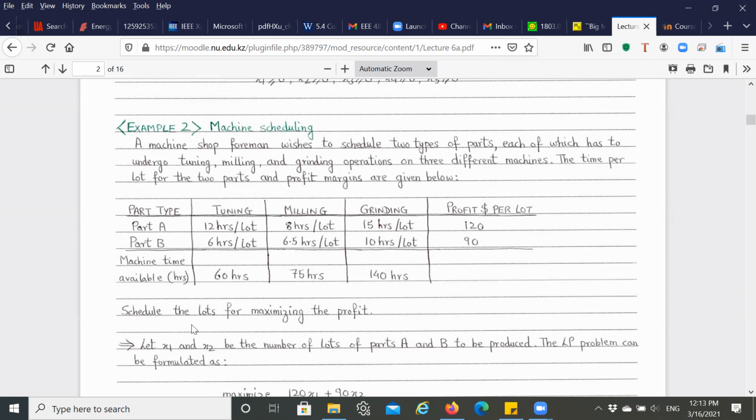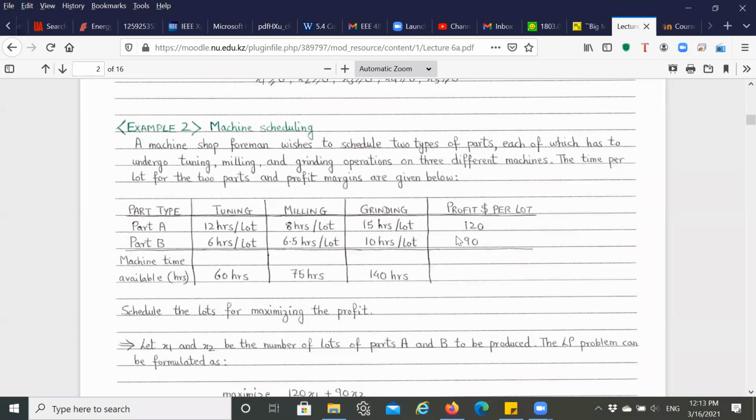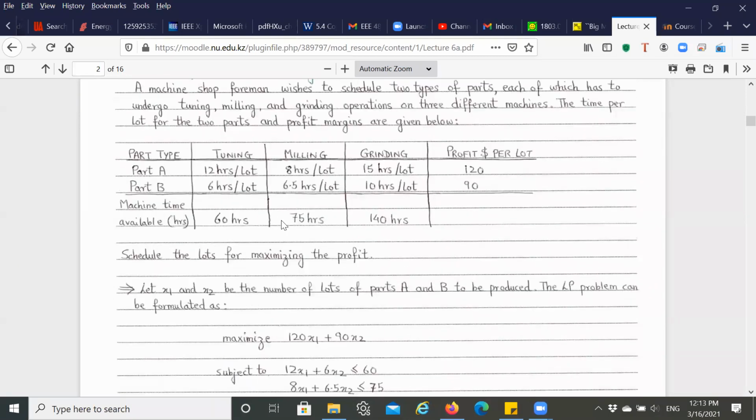Obviously, what I want to do is maximize my profit. If you want to make more money, I want to schedule these items in such a way that my profit is maximized.